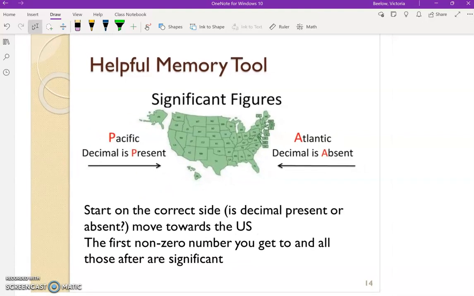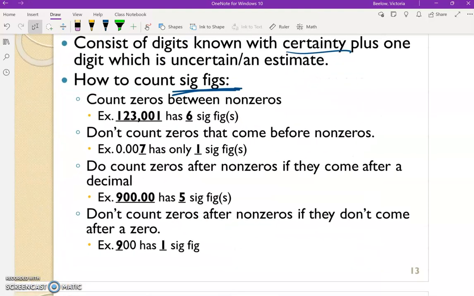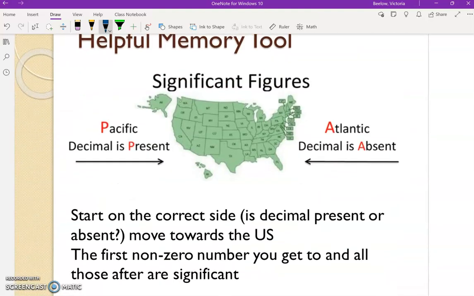So when you're looking at one of these significant figures, you want to ask yourself, is the decimal present or absent? Okay. So for example, this one, it is absent. I don't see a decimal. So if it's absent, that means you would start on the right side of the number. And you're going to move towards that number like you're moving towards the US.